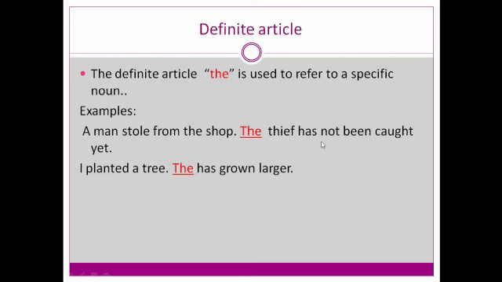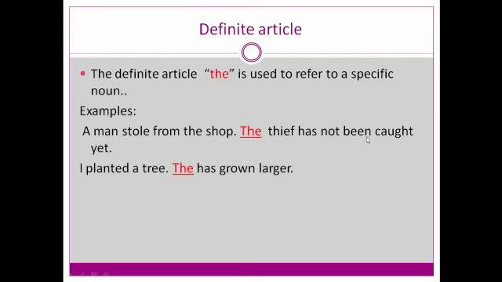The thief has not been caught yet. A man, here we are using a because the listener doesn't know who is being talked about. So here the indefinite article has been used.